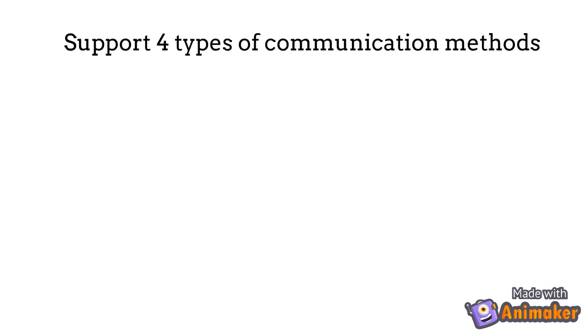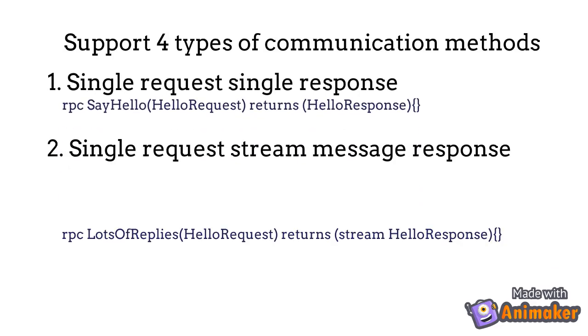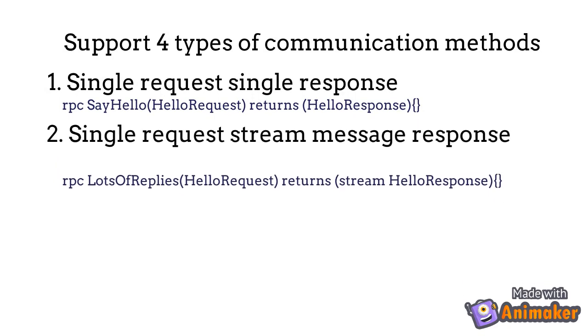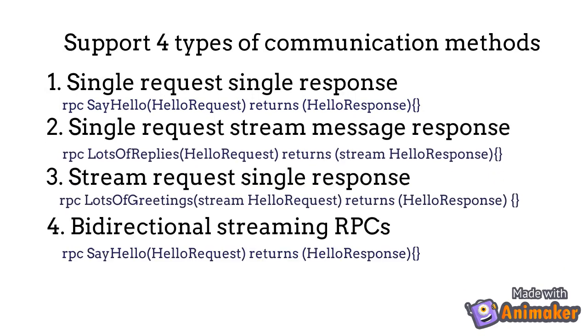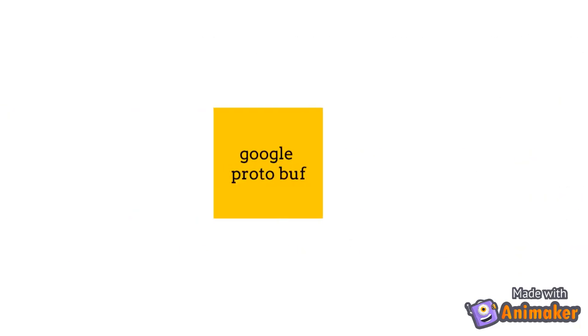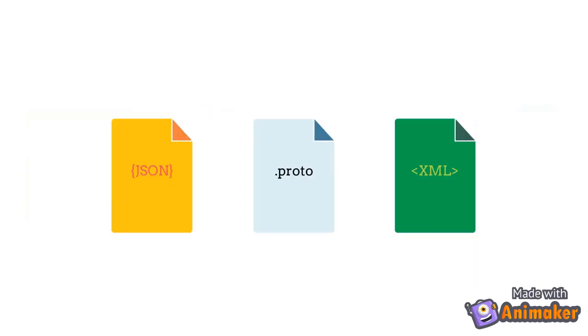It supports 4 types of communication methods. 1. Single request, single response. 2. Single request, stream message response. 3. Stream request, single response. 4. Bidirectional streaming RPCs. Google Protobuf, or Proto, is just a mechanism for serializing structured data, similar to JSON or XML, but it's smaller and faster.